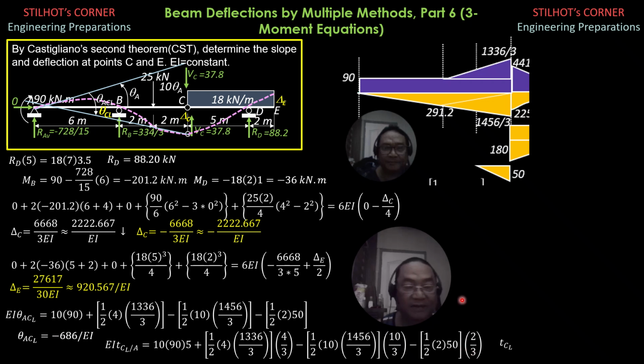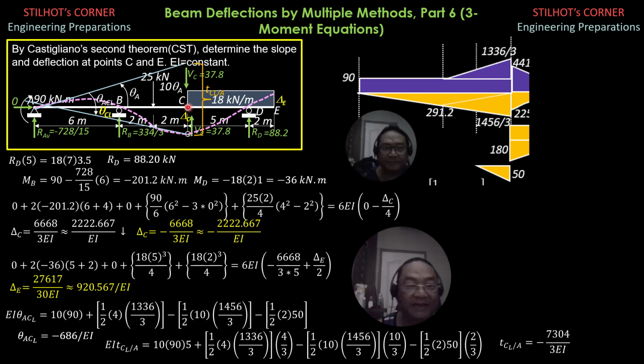So calculating the deviation of C left relative to A is negative 7,304 over 3 EI, which is anticipated negative as expected. Then, because theta is positive, we just treat everything as positive. 10 theta A plus the absolute value of delta C is the absolute value of this deviation of C left relative to A. So we just treat everything as positive.